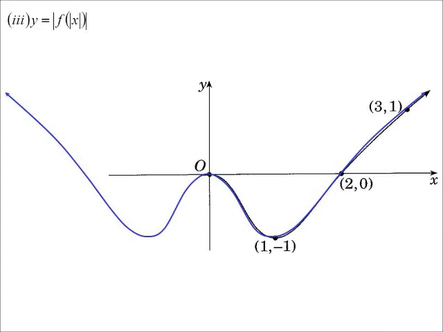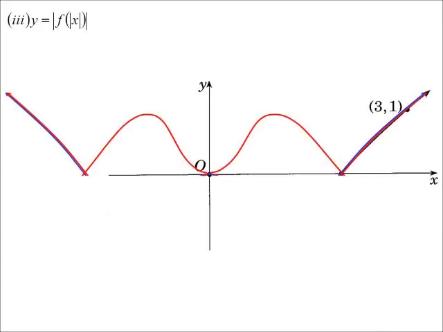So that's function absolute value x. But we're now going to do the absolute value of that. So whatever is below will reflect above. And there's our... Honest, that's a nice neat point there. Trust me. That's absolute value function, absolute value x.